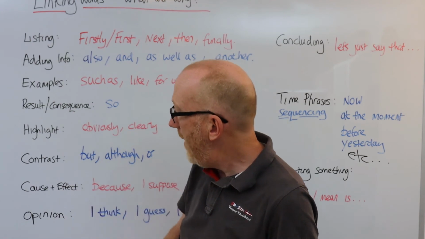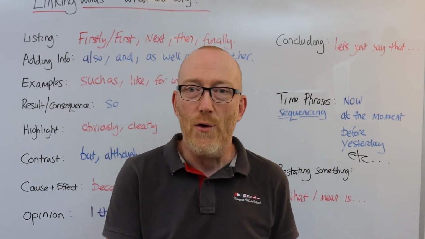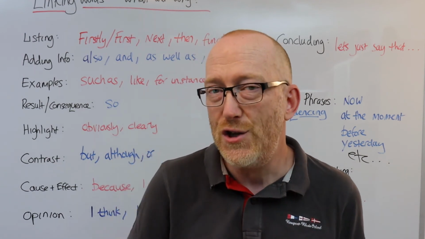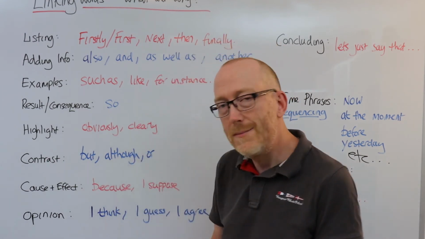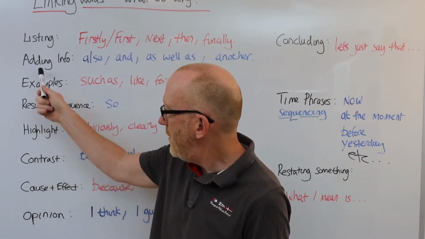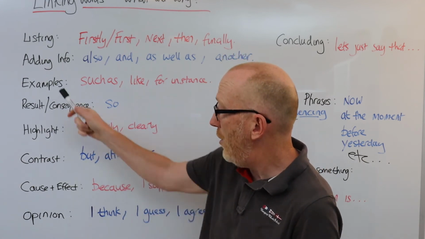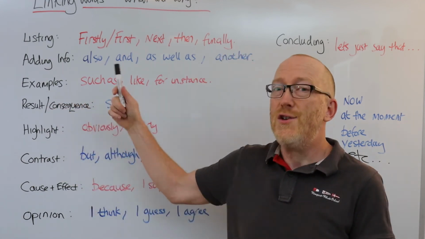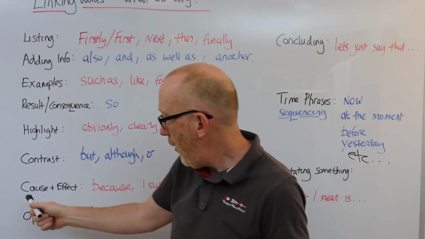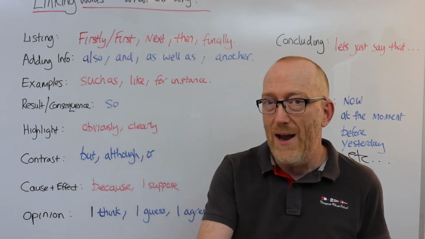Okay. Think about these categories as a function of language. A function of language. Yeah? These are functions. So when you want to give an example, that is a function that you are performing. So, for example, such as, okay, if you want to talk about the cause and effect of something, that is a function of language.